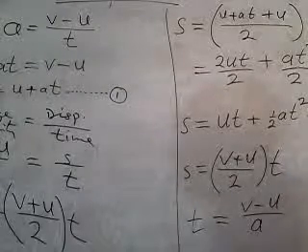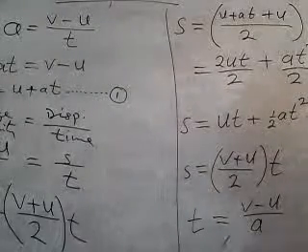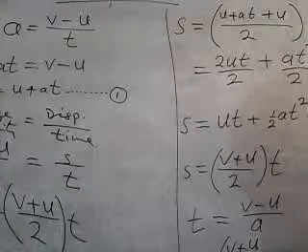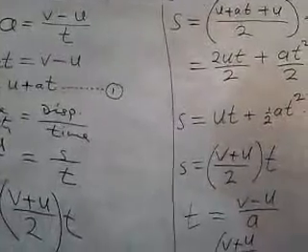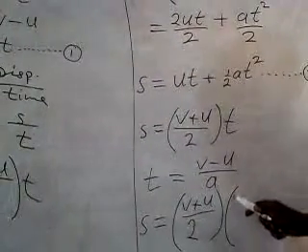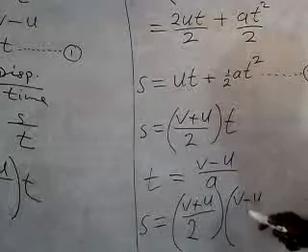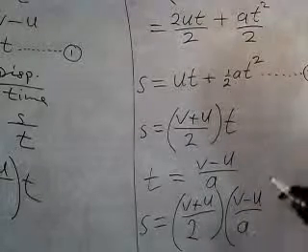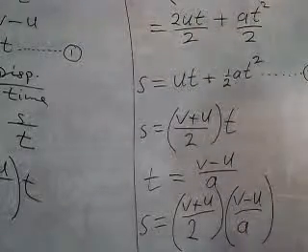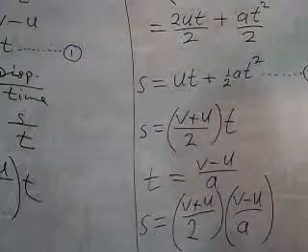We can write X will be equal to V plus U over 2 multiplying T, and T is also V minus U over A. When we simplify this equation, you can see X will be equal to multiplication of fraction.